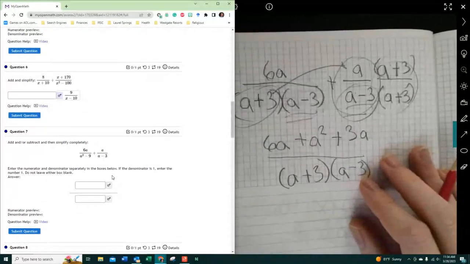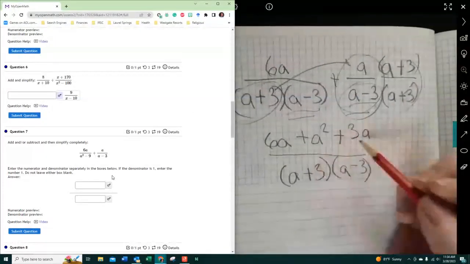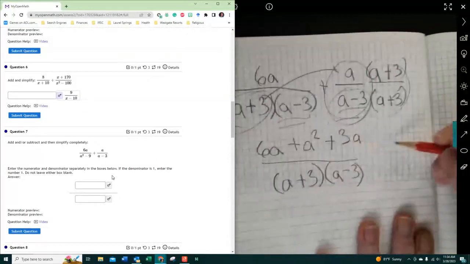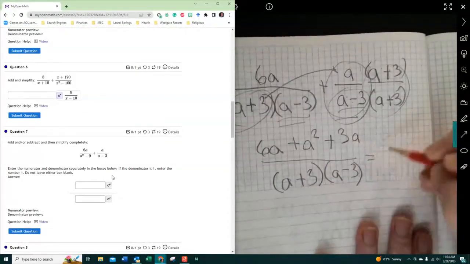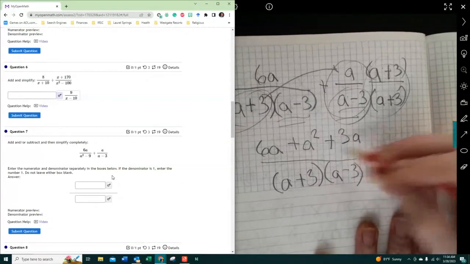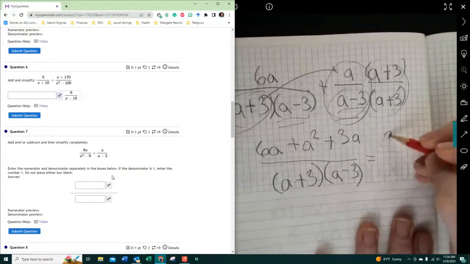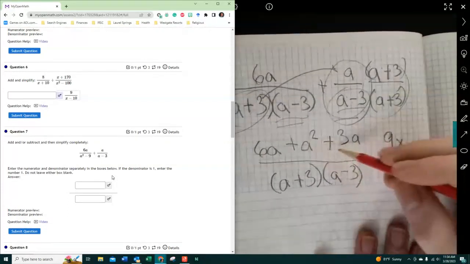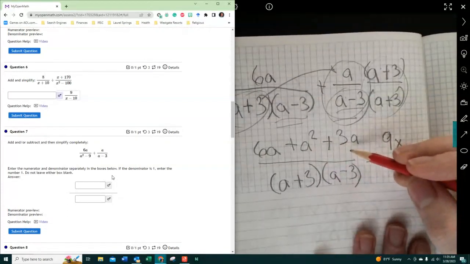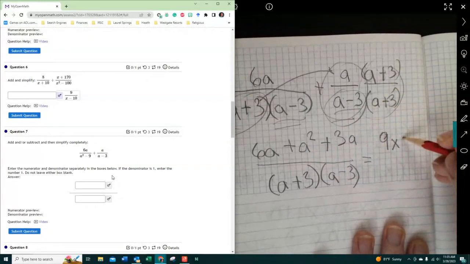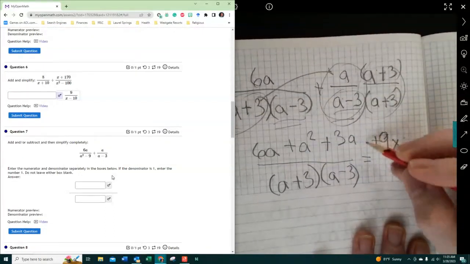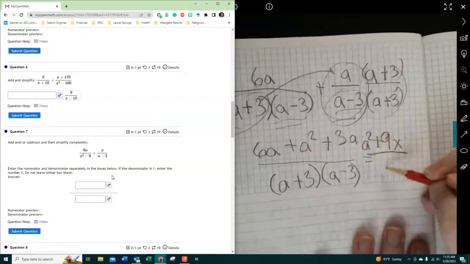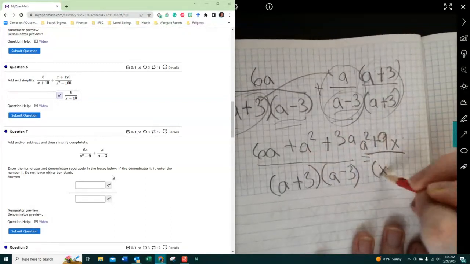Now we can see that we can bring this together, and we can factor out later, but we have a couple other additional steps we can do. We're going to get 9a, because that's brought together. And then I'm going to put the a squared first.